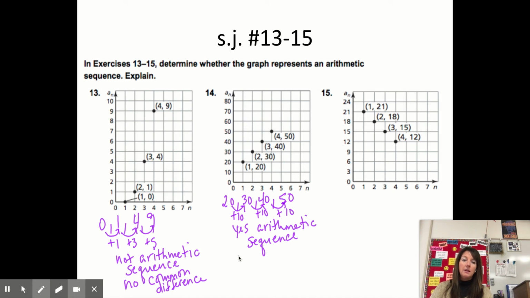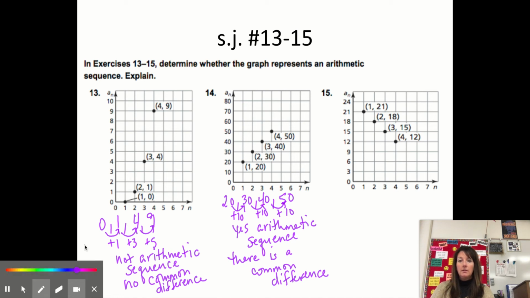And the reason is because there is a common difference, also known as a constant rate of change. All right, so I would pause the video and try number 15, and then check your work on the Edpuzzle.